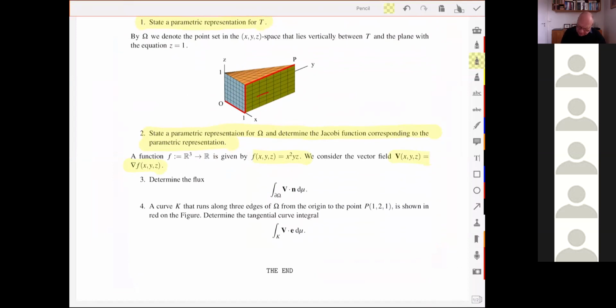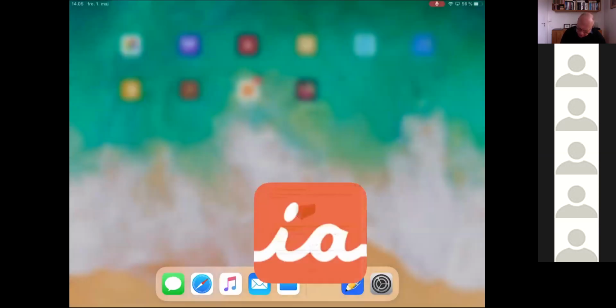Given that vector field, we should determine the flux of the vector field outside the boundary of this solid. Let's try to do that. That will be question 3.